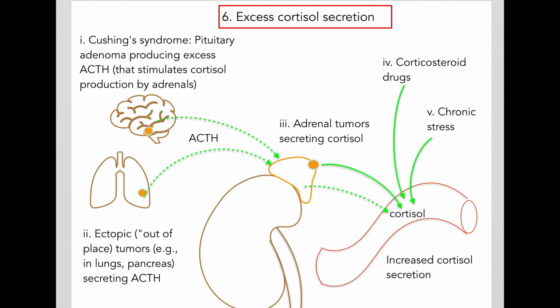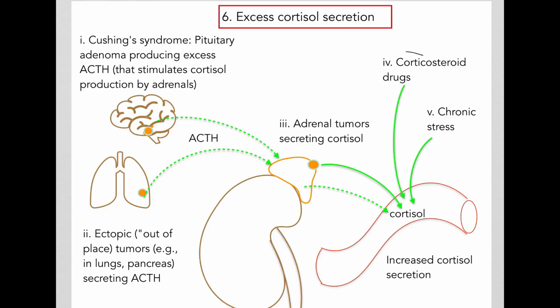So besides tumors secreting ACTH, there are also tumors, adrenal tumors, in the adrenal cortex, and these cells secrete increasing amounts of cortisol, and that too can lead to hyperglycemia. So tumors present in the pituitary or other organs, as well as tumors present in the adrenal cortex, can all lead to increased cortisol and hyperglycemia.